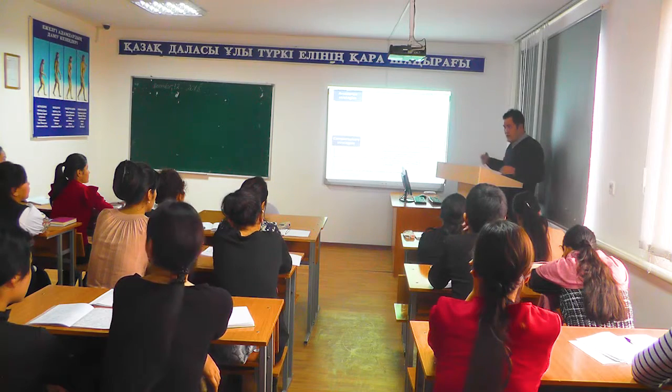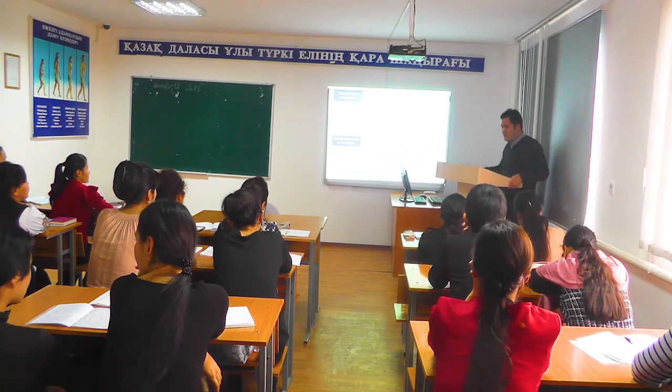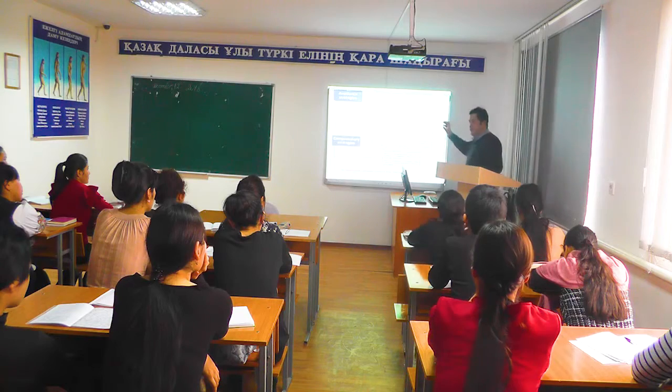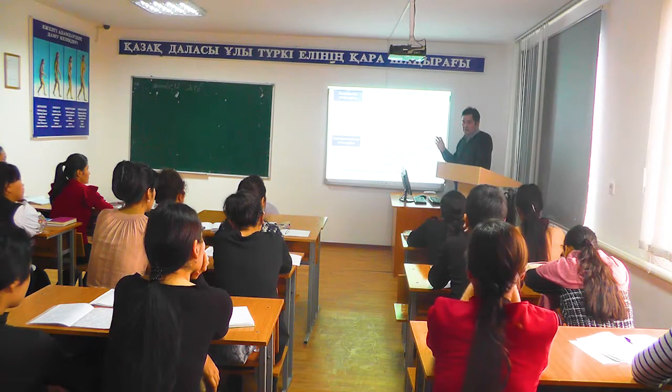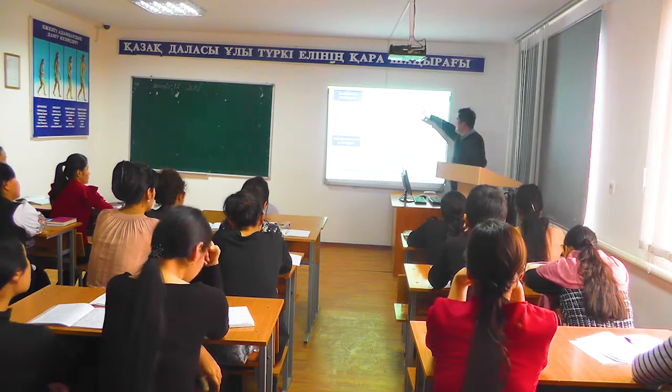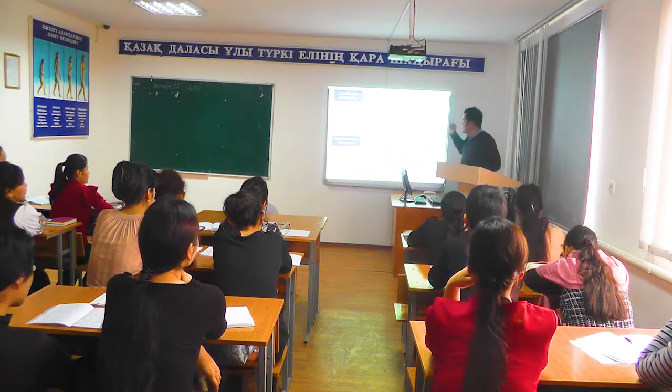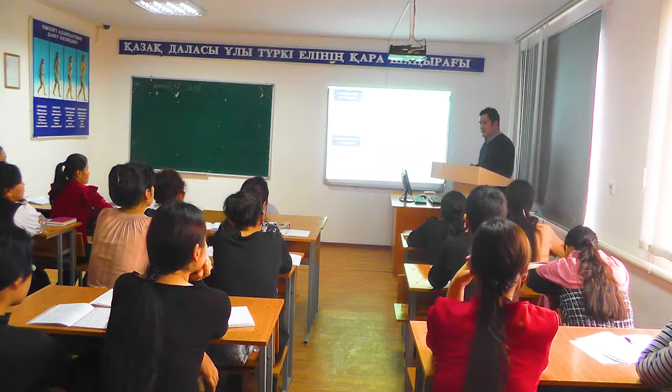But in communication, while talking with a native speaker of English, you should be able to express its meaning if you don't know its exact name. In that case, you can use the explanatory definition of this word. For example, the thing you open bottles with. Is that clear? So, this is circumlocution.